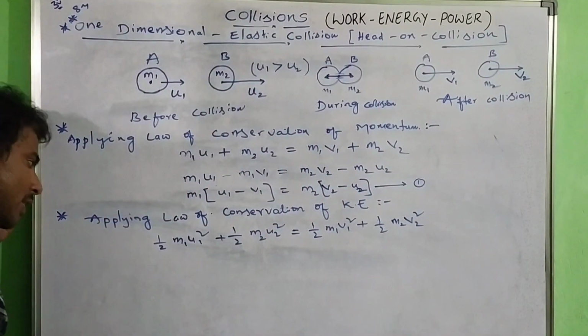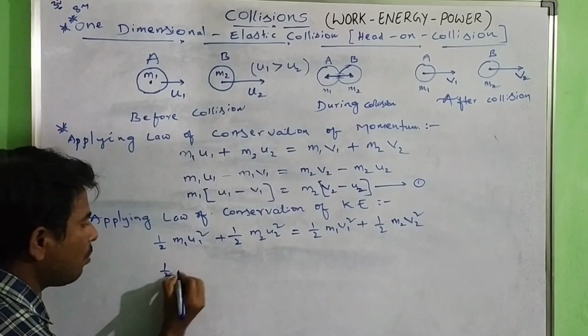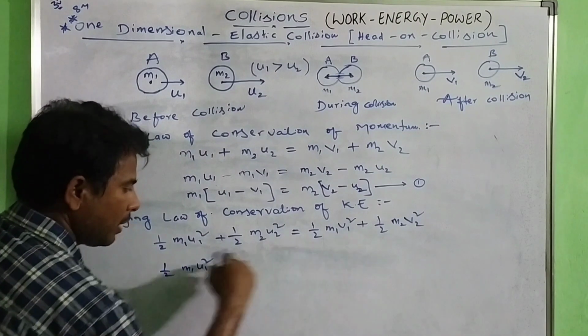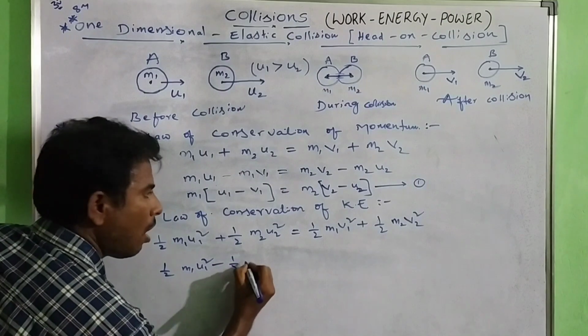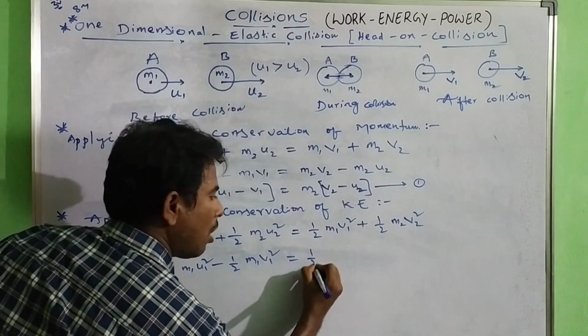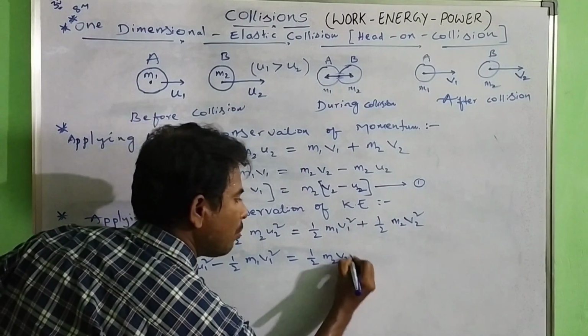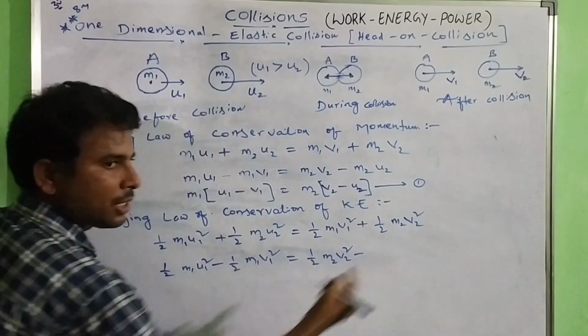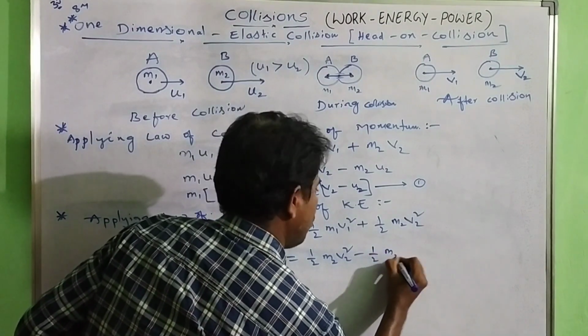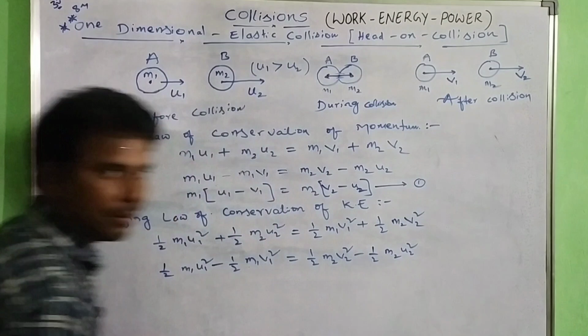Taking terms across, half m1 u1 square minus half m1 v1 square equals half m2 v2 square minus half m2 u2 square.